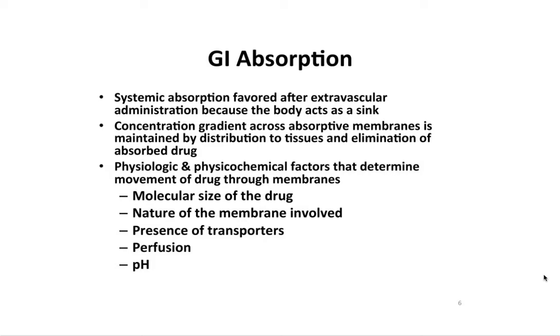For drugs absorbed through transmembrane diffusion, the molecules will have to remain in the unionized state to favor absorption through that mechanism. Those are some of the physiologic and physicochemical factors that can impact movement of drug molecules through the membranes lining the GI tract.